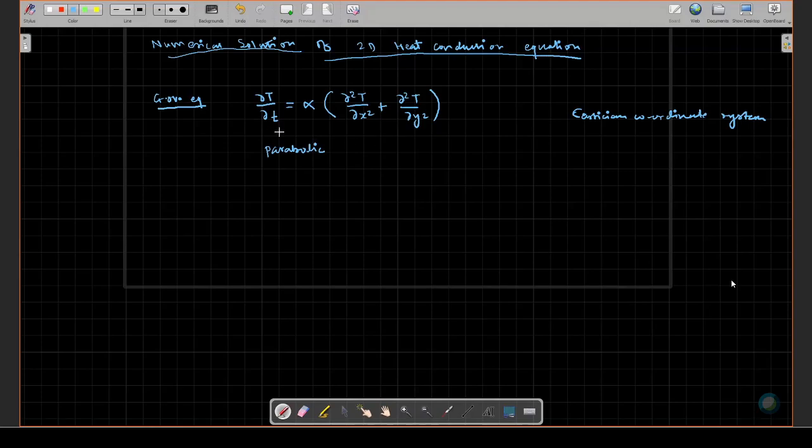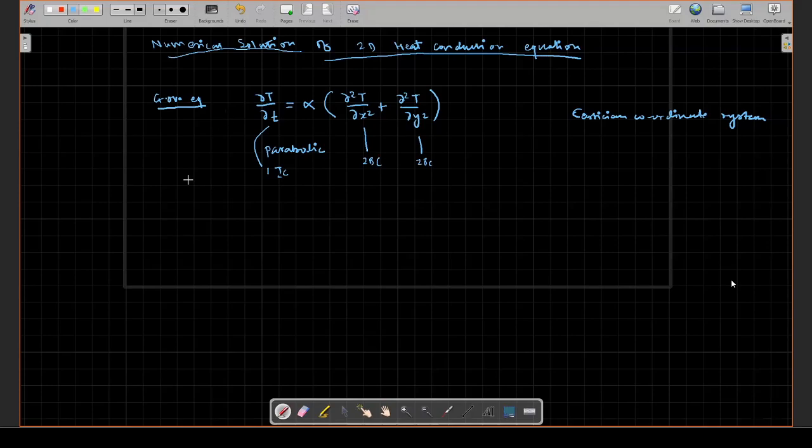And how many boundary conditions are required? It requires a condition on time, so one IC here. You require two boundary conditions in x and two boundary conditions in y. So this is the initial condition, one initial condition on the time derivative, and two BCs in each direction.